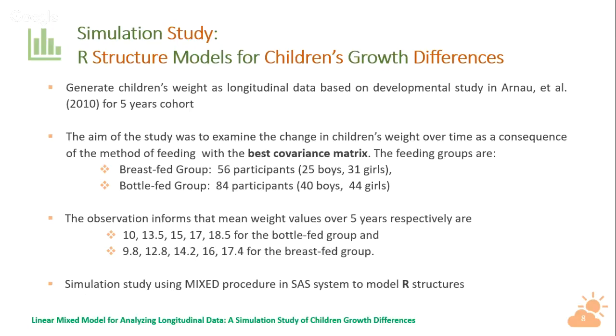And the breastfeed group in the first year, we have an average weight of the baby of 9.8, until the fifth year, it is 70.4. Then from the information, we try to generate the data, and for the process, we use the mixed procedure in the SAS system, and in the SAS system we also model the R structure with the mixed procedure.